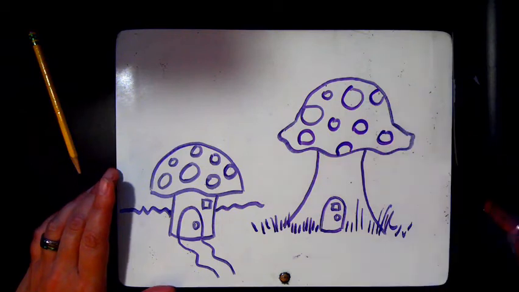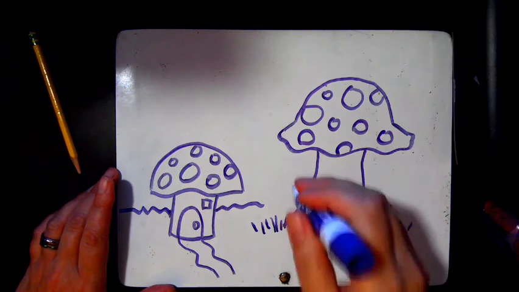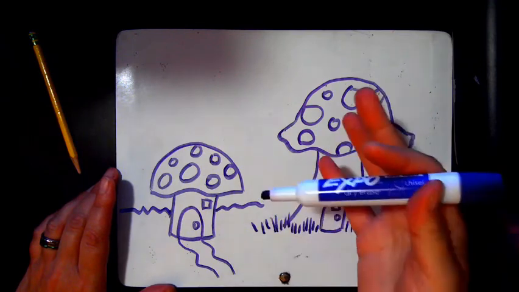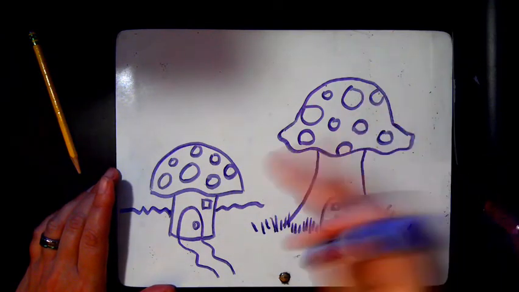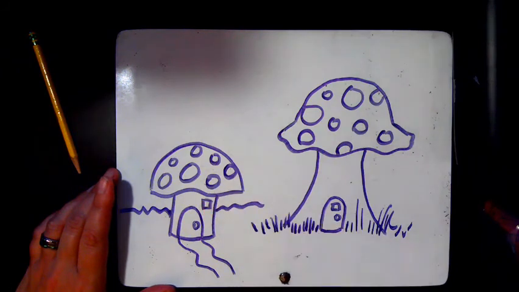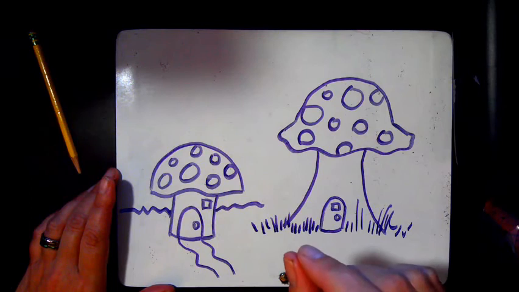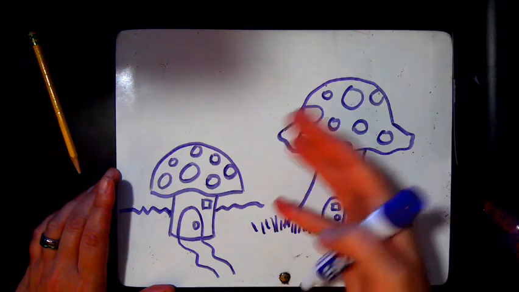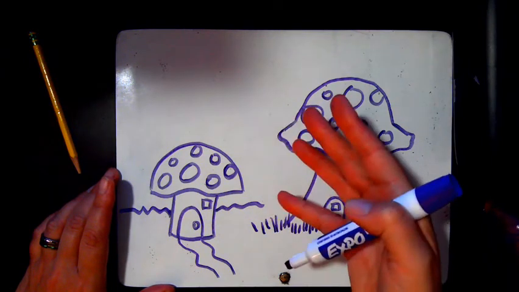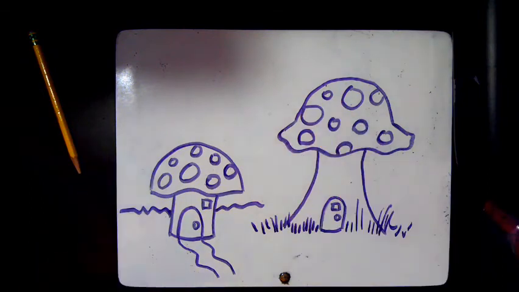We can color that red with white spots. And if you need any more inspiration, feel free to watch this video again. Go back to the student examples and press pause at any time to get some more inspiration. Flowers, trees, animals. All right, I'm going to create my drawing on paper.